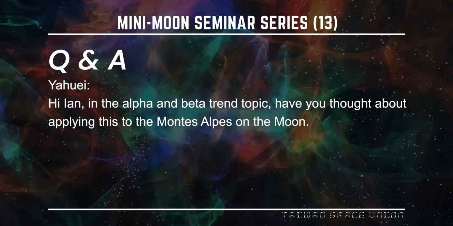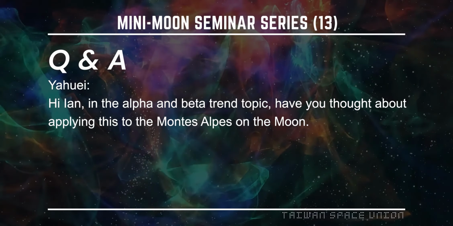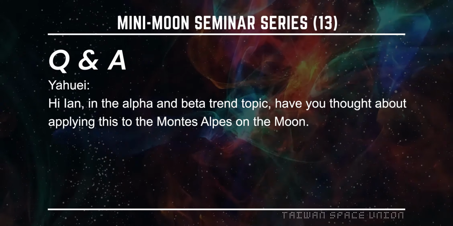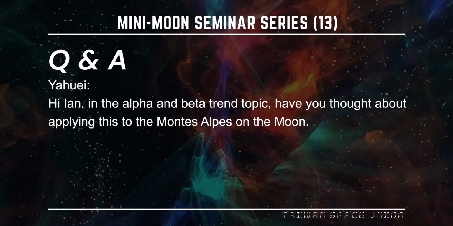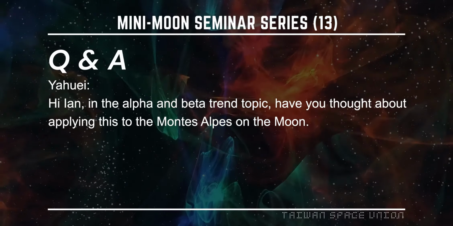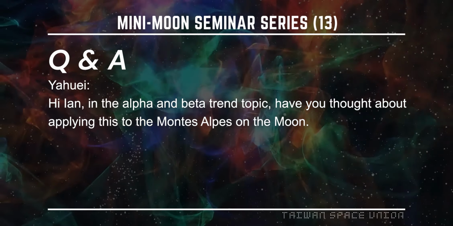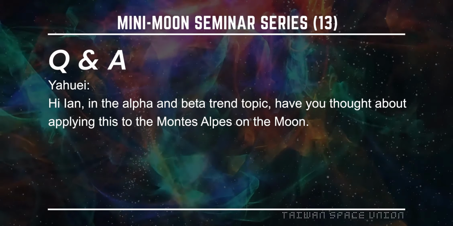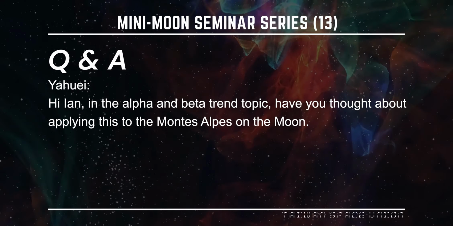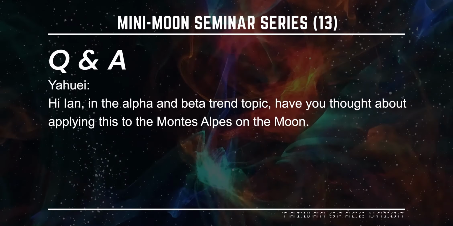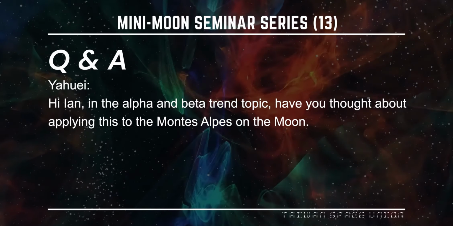It's very cool. I have a question regarding the alpha and beta trend. Especially Mons Openshaw on the moon is at a high altitude, about 50 latitude, and it has been proposed to be Crisium bedrock from the Imbrium Basin.